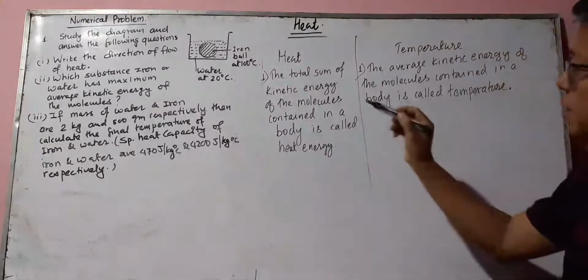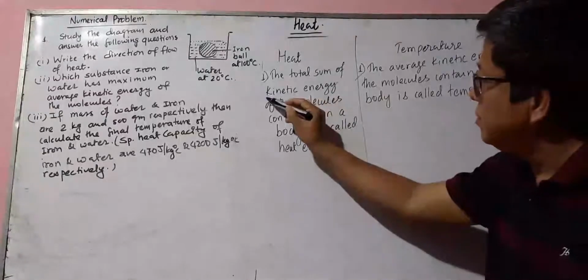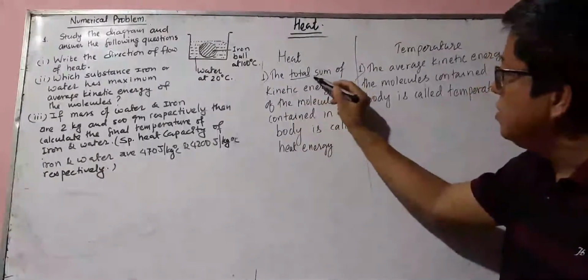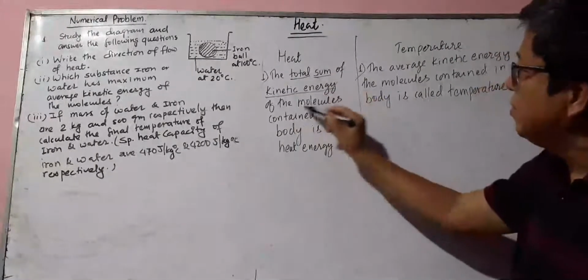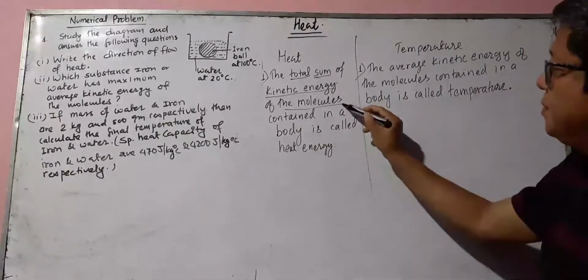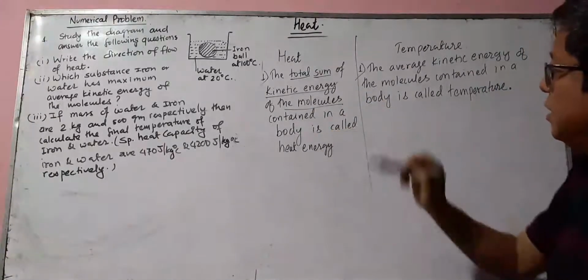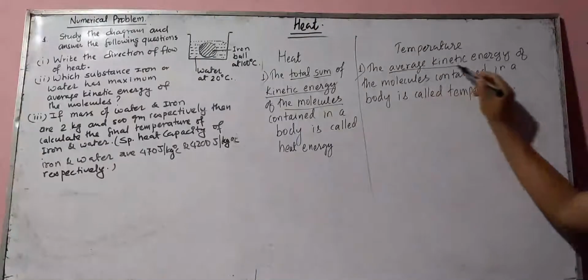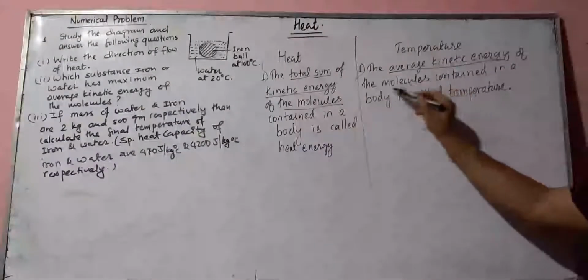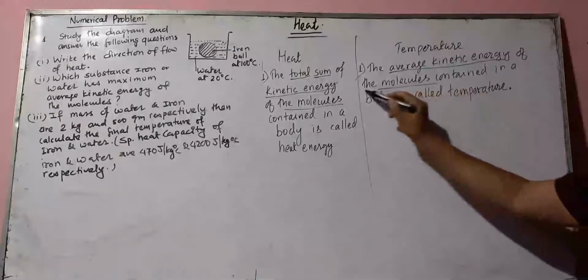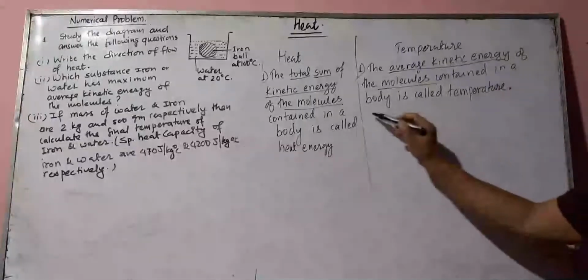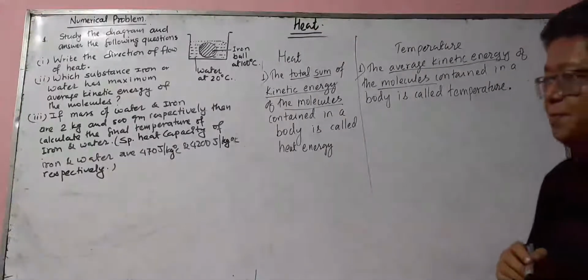Okay. So, the total or sum of kinetic energy of the molecules contained in a body is called heat energy, and the average kinetic energy of molecules contained in a body is called temperature.